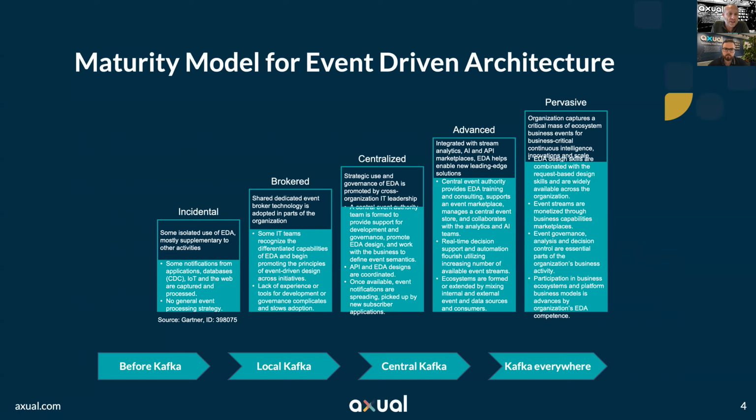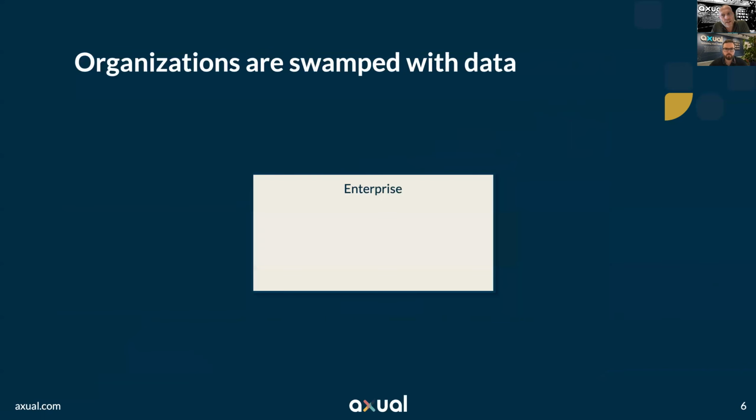In the incidental phase, this is really the age that you can consider as being before Kafka. And this is the phase where there's no organization around handling events. This is usually the phase where enterprises find themselves being bombarded with information, not really organizing themselves around events just yet, but data is coming in from all different sides of the organization.